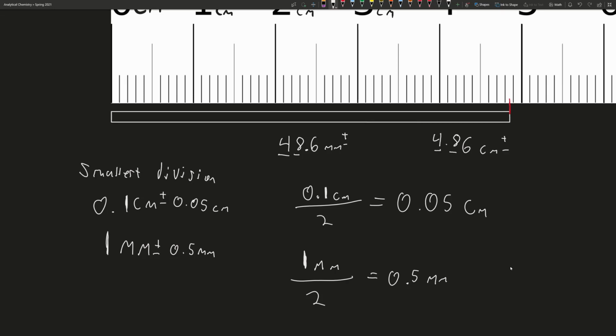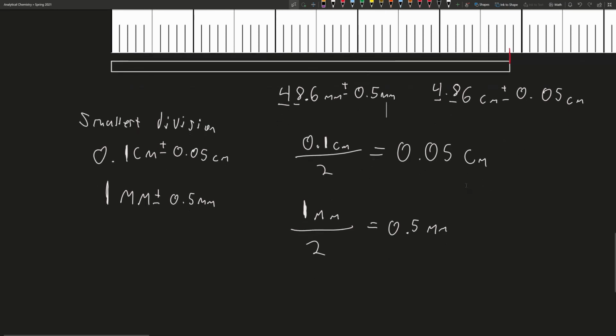So if it's centimeters, it's 0.05 centimeters. And if it's millimeters, it's 0.5 millimeters.